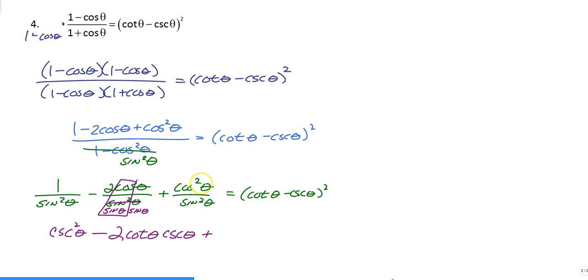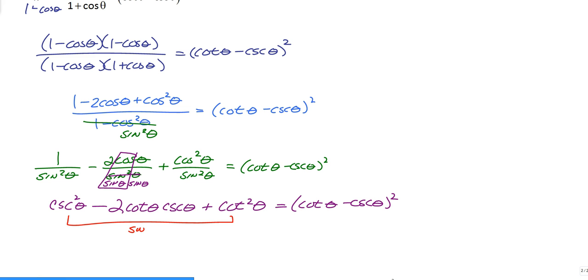And then, of course, the last step, we have cosine squared over sine squared, which we know is just going to be cotangent squared theta. And that's equal to this step, of course. So this part's tricky because you're going to want to switch these because this is cotangent cosecant and this is cosecant cotangent. But since they're both positive, you can just switch them. So by doing that, you now have cotangent squared theta and cosecant squared theta.